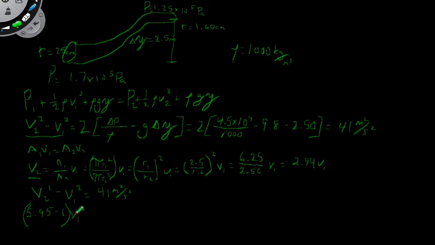And why do I have to do minus 1? Because they're subtracted against each other. The original statement was v2 squared minus v1 squared is equal to 41 meters squared over second squared. So when I squared this, it's because I was substituting in v1. So now I also took consideration that I had it already subtracted against the v1. So it's against itself.